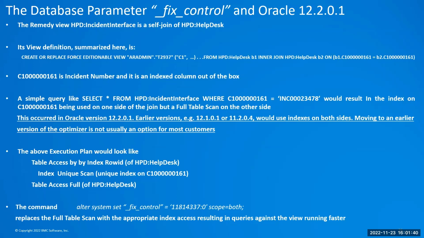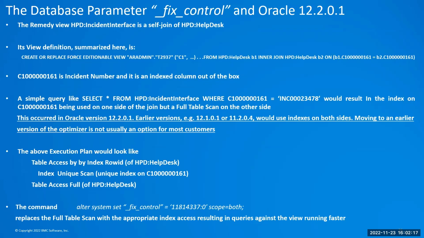So what fix control does, generally, is this: Oracle has a fix, let's say the fix is for bug number, as in this case, 118.14337. That was an Oracle bug number. So Oracle came up with a fix, and that fix was put into the code. But somehow later, Oracle finds out that that fix is working for that particular case the bug was opened for, but it's not working for some other SQL.